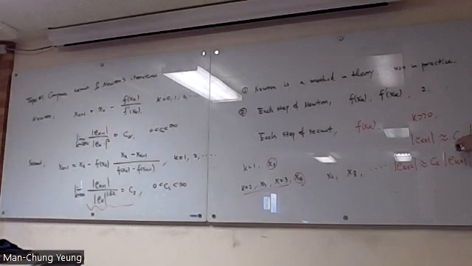Now I'm plugging this approximation here. Then I get C times C. Because all the factors are positive, I don't need absolute value. e_k to the 1.62.